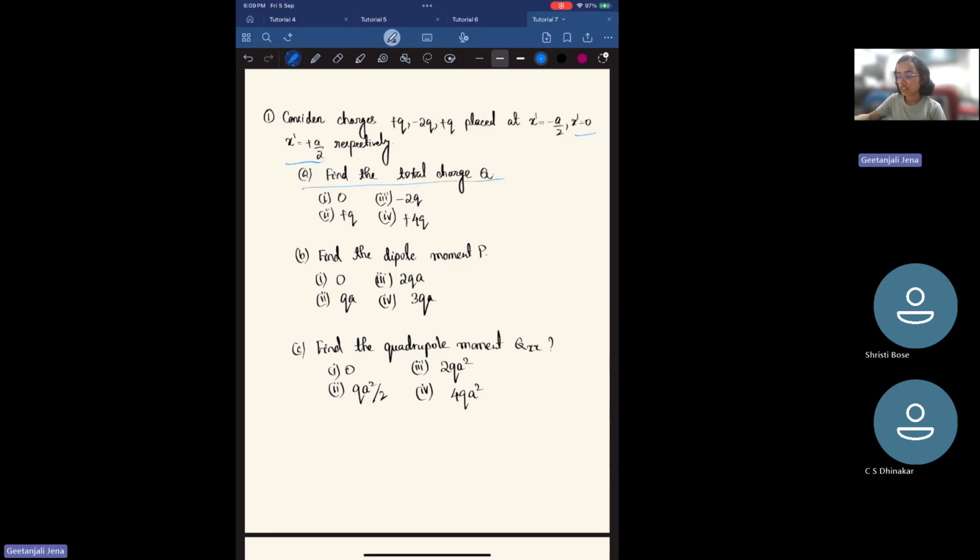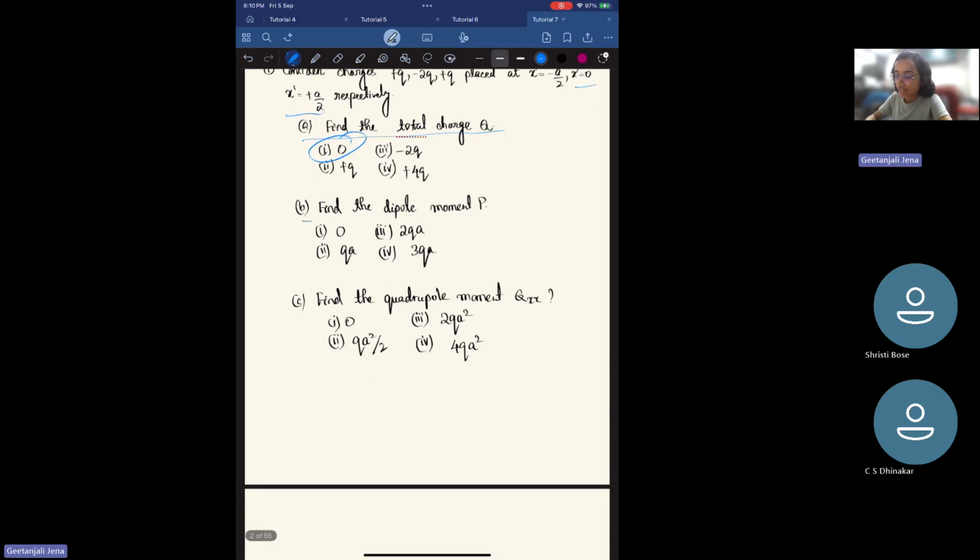The first question is the total charge, that means the monopole moment, which is easy to find because the charges are already given: Q, minus 2Q, plus Q. So the answer will be option 1, right? The total charge is 0, so the monopole moment is 0.